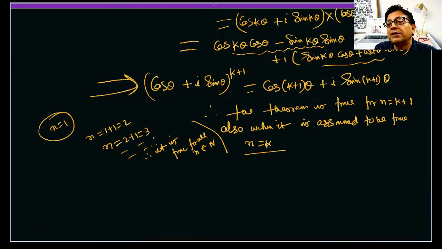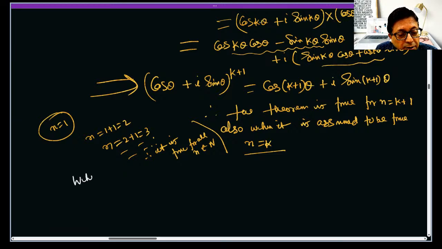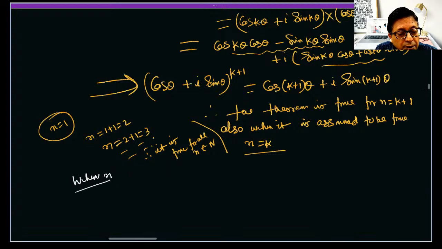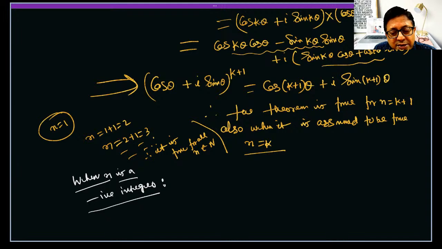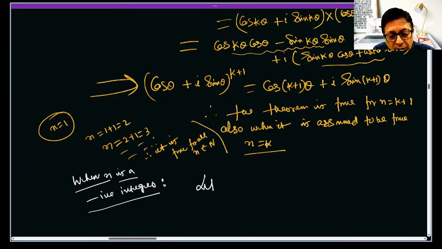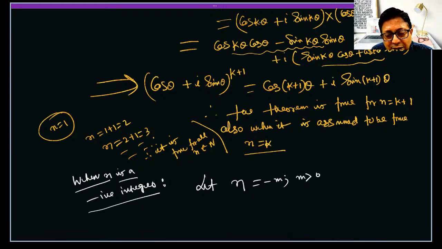Now we are going to consider this case when n is a negative integer. Is it true if it is a negative integer? Let us check. Let n equal to minus m when m greater than 0. So n is going to be negative.